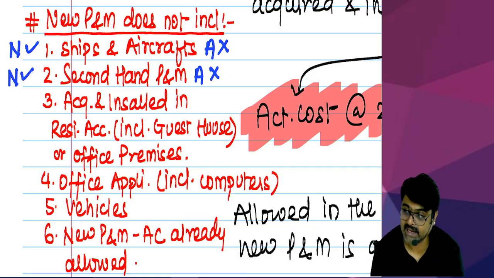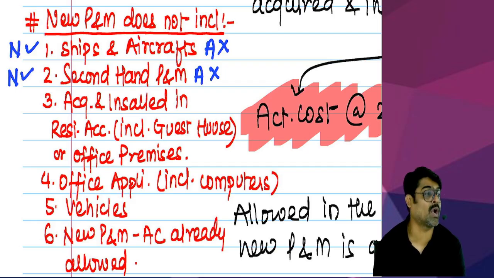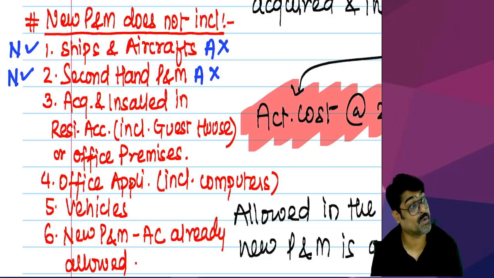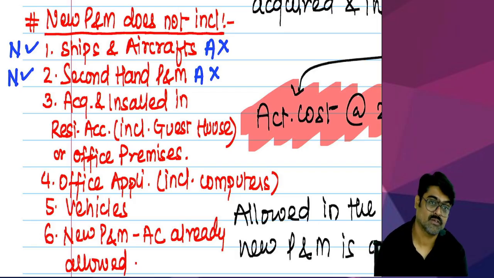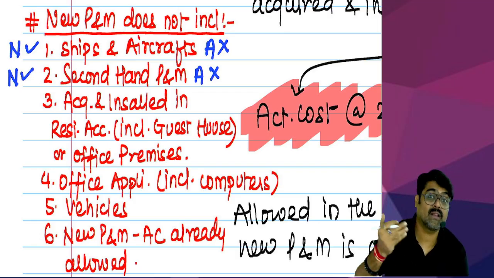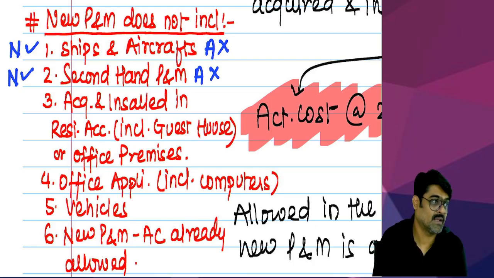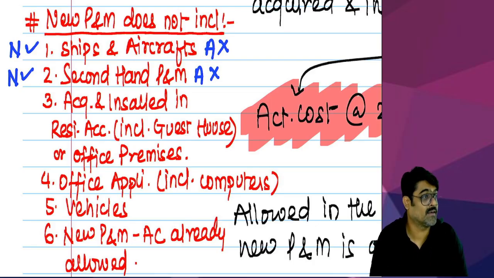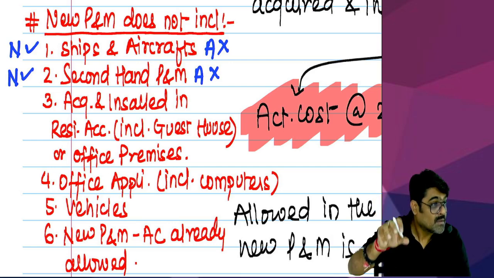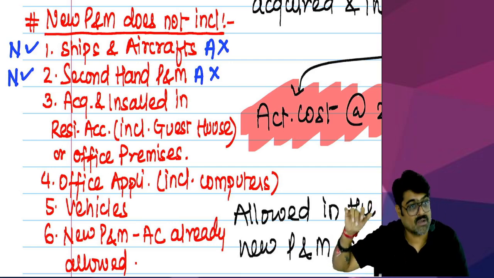Now, any plant and machinery which is acquired and installed in residential accommodation, including guest house, etc., or installed in office premises. If you are not installing them in the factory, they are not going to be used for manufacturing, power generation, power distribution, or power transmission.